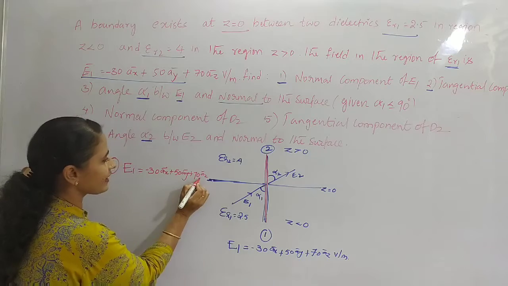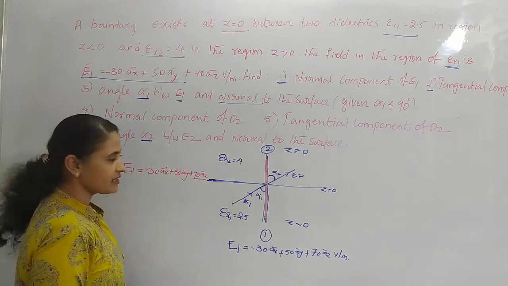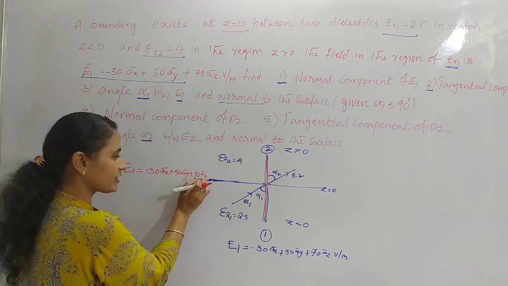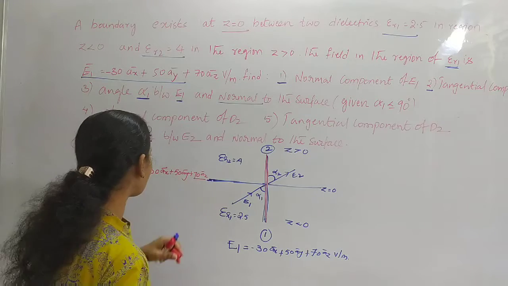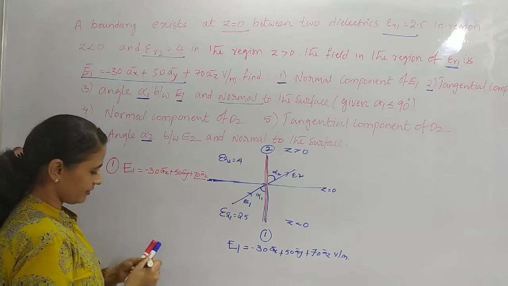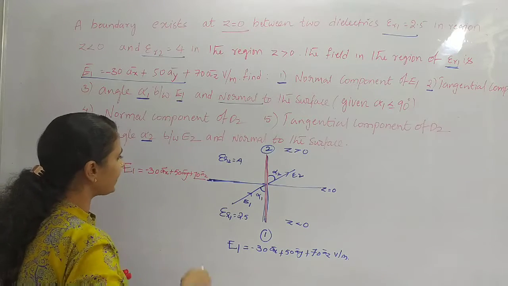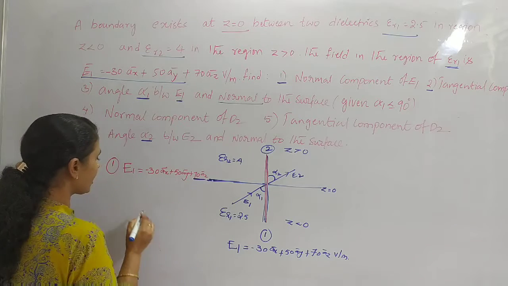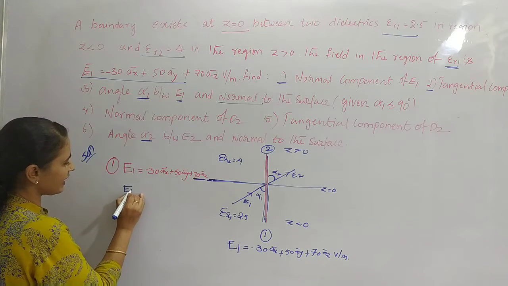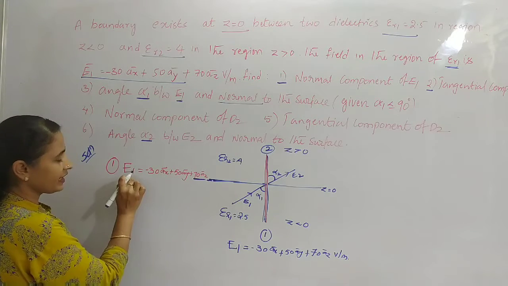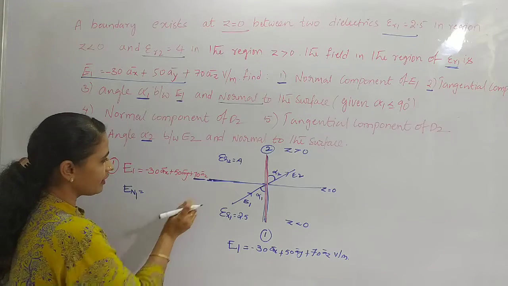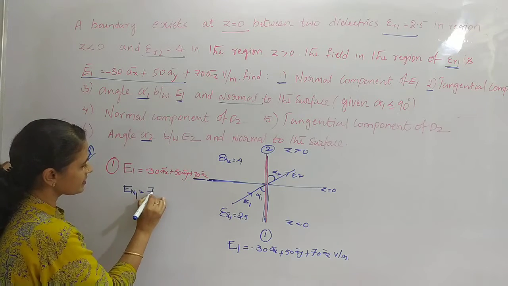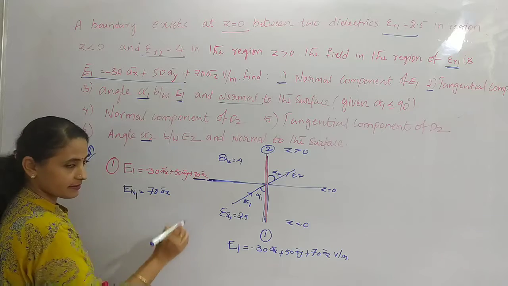So the component with the unit vector AZ is the normal component in the given E1. We write this as EN1, so the normal component is 70 AZ.